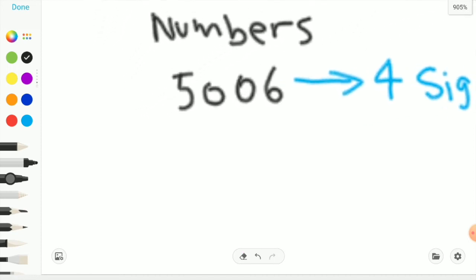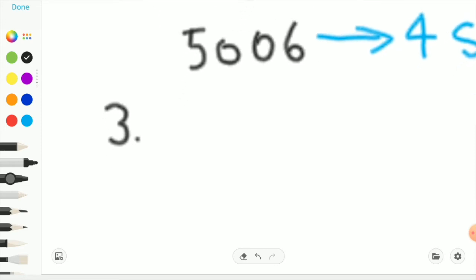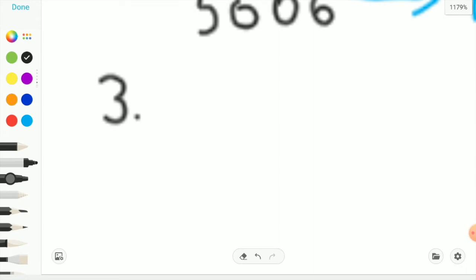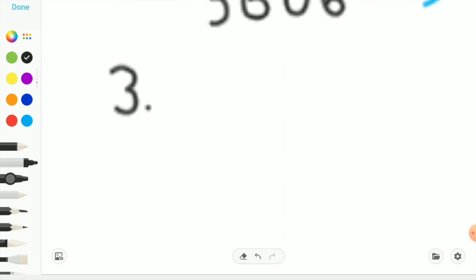Okay, and now your third rule is basically if you have a decimal number that is really small, with all zeros before a number shows up, all of those zeros do not count as significant. In chemistry and physics, these are called leading zeros.